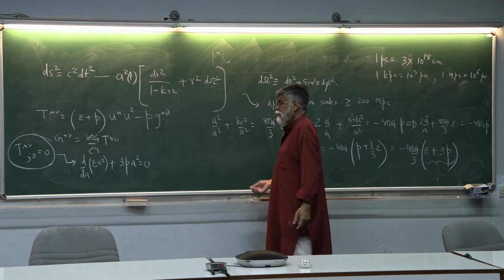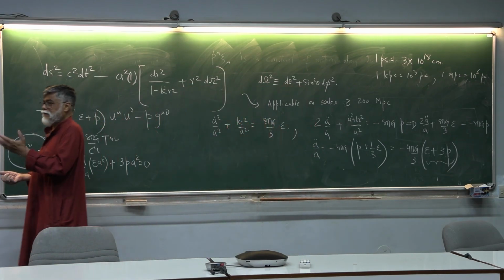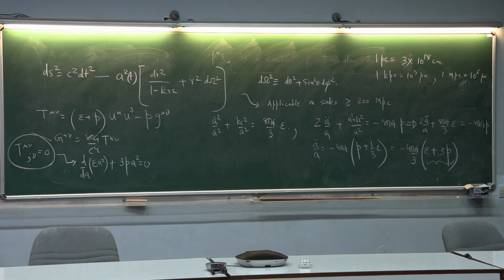So equation of state, when we learn thermodynamics, we are told that equation of state is basically that which relates energy density or equivalently density with pressure. That's when you say equation of state.